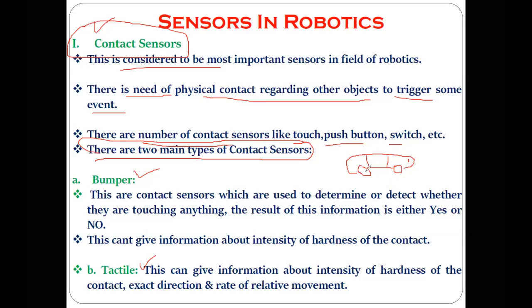I told you what exactly a contact sensor is. When there is a certain contact with the object, the contact sensor gets activated. Its result can be a ringing of sound, taking a turn, reversing, or switching on an LED light, anything.